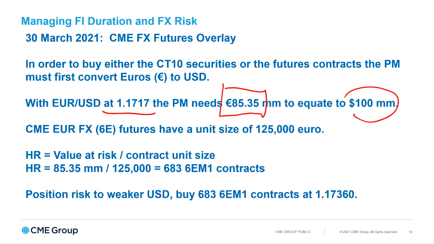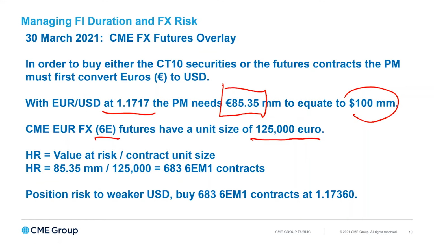And the CME Euro FX futures have a unit size of 125,000 euro per contract. It's a standardized contract, it's extremely liquid, it's easy to get in and out of, and at this notional amount does not require an enormous amount of contracts to create this overlay.